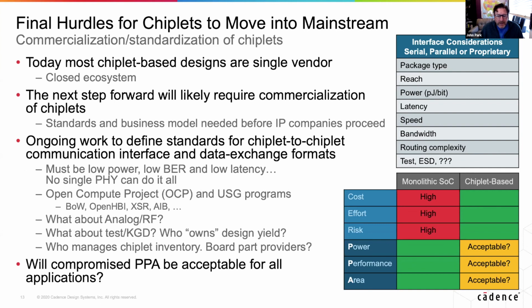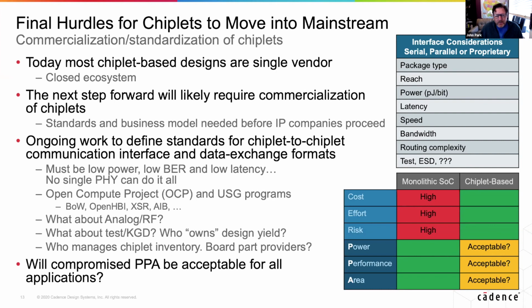So that's great for them. If you're a large semiconductor company, it gives you more flexibility in the architectures you can design, and all the great things associated with chiplets. But it doesn't really address the rest of the world. And so that was the question: what needs to happen to commercialize chiplets?